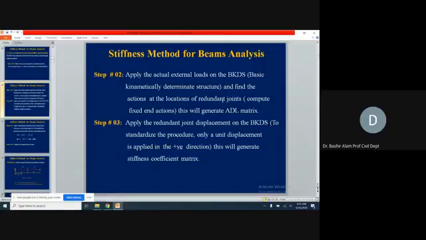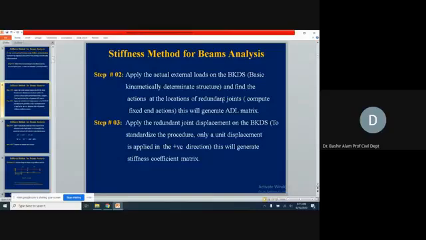Now we find the fixed end actions corresponding to those joint displacements. If they are coming in the direction of those joint displacements, we consider them positive and write the magnitude accordingly. And if it is in the opposite direction, we write it with a negative, and this will complete our ADL matrix.